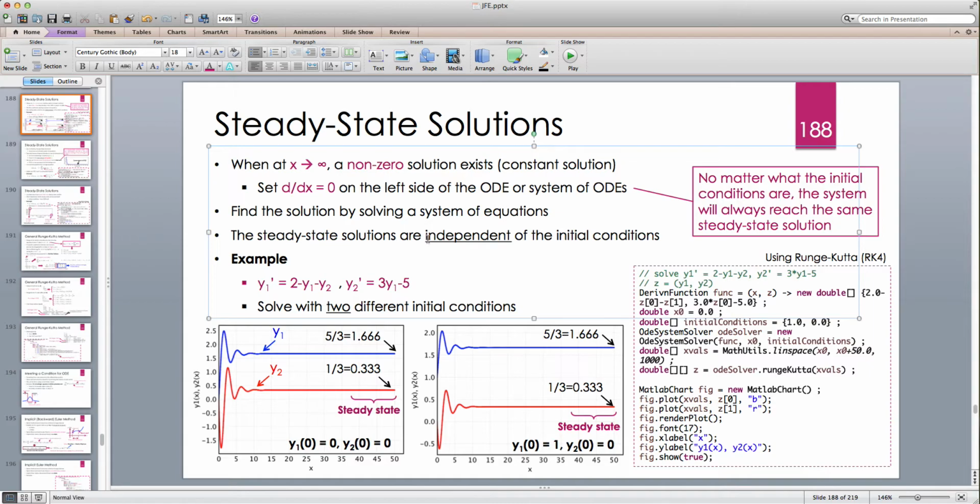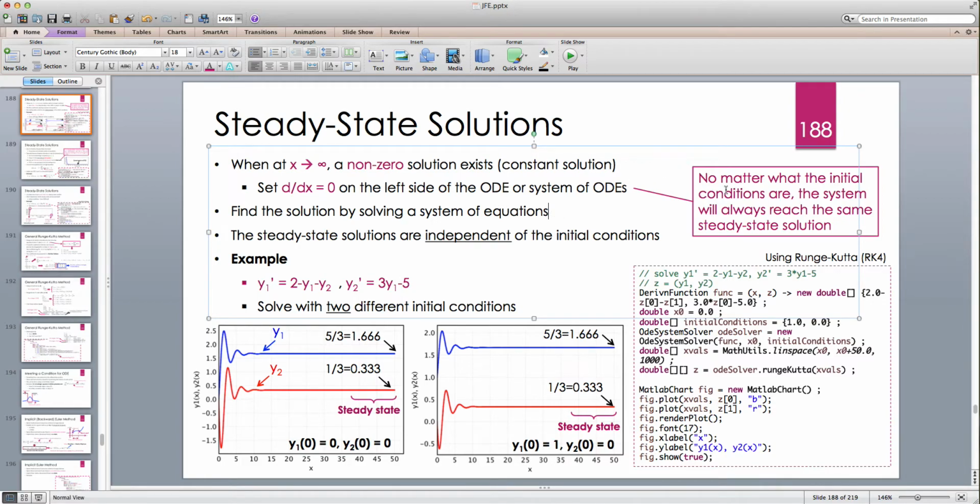The steady state solutions are independent of the initial conditions, and in general that's the case. What this means is that no matter what the initial conditions are, because remember the initial conditions change how the solutions behave, how the derivatives start to change, because at the initial point the derivatives are determined by the initial values, and after that the function is determined by its derivatives.